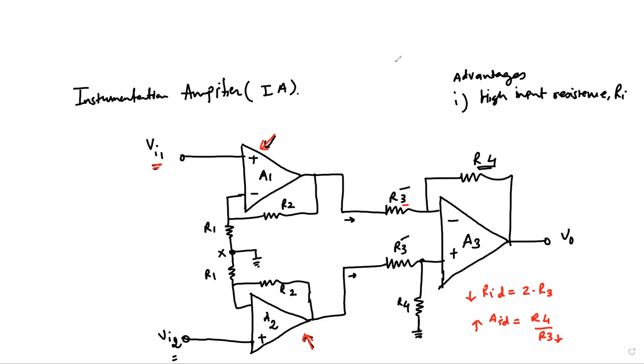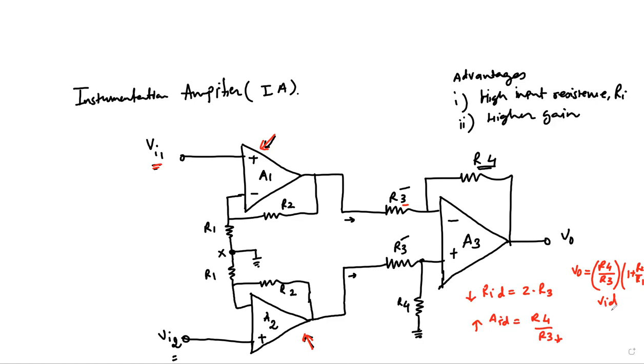So the second advantage was the higher gain. We know that the total gain of this instrumentation amplifier, VO, is equal to R4 over R3, that is the gain factor by this differential amplifier, multiplied by 1 plus R2 over R1, that is the gain set by these two amplifiers, multiplied by VID.